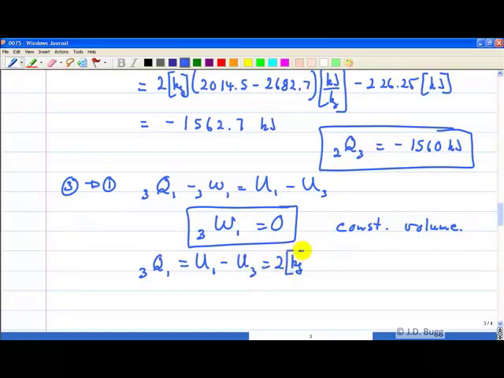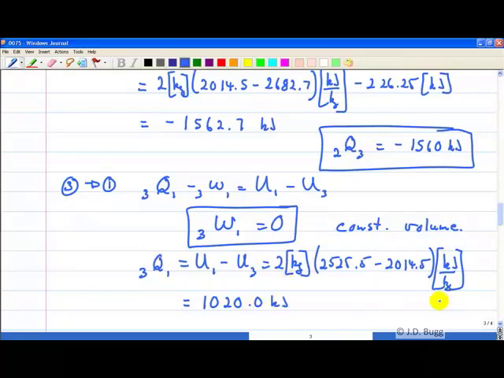Again, 2 kilograms is the mass times the change in internal energy. 2525.5 was our U1 minus 2014.5, those are U3 kilojoules per kilogram, and that works out to 1020.0 kilojoules.